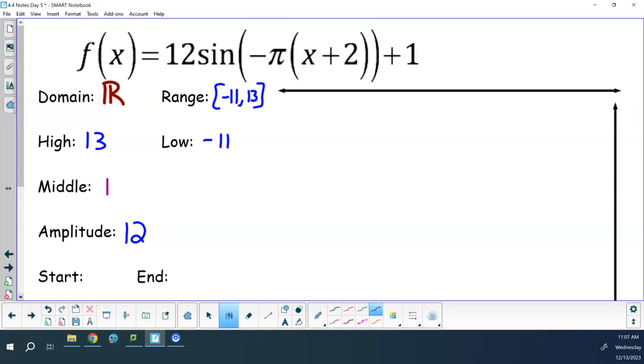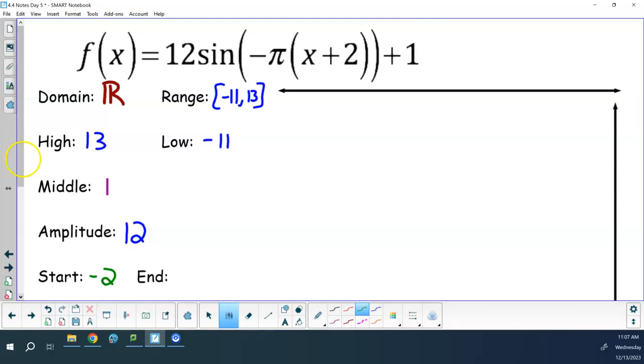Where does this one start? Starts at -2. Yep, the start down here, that's our horizontal start. So that's going to start at -2. Okay?